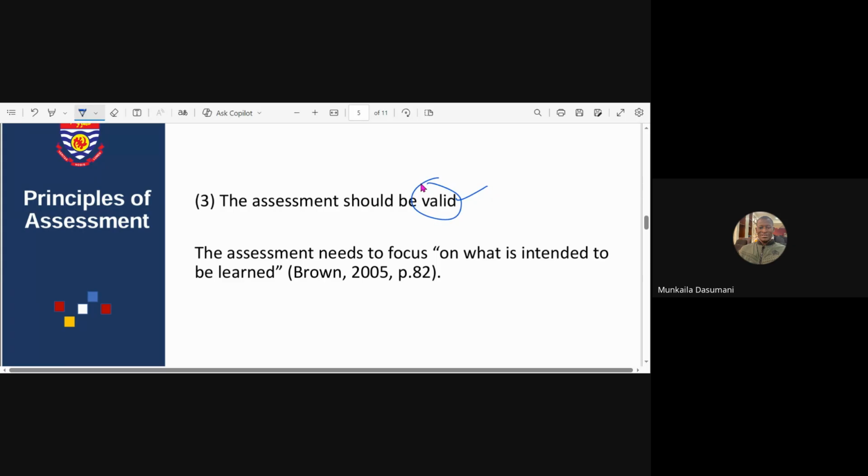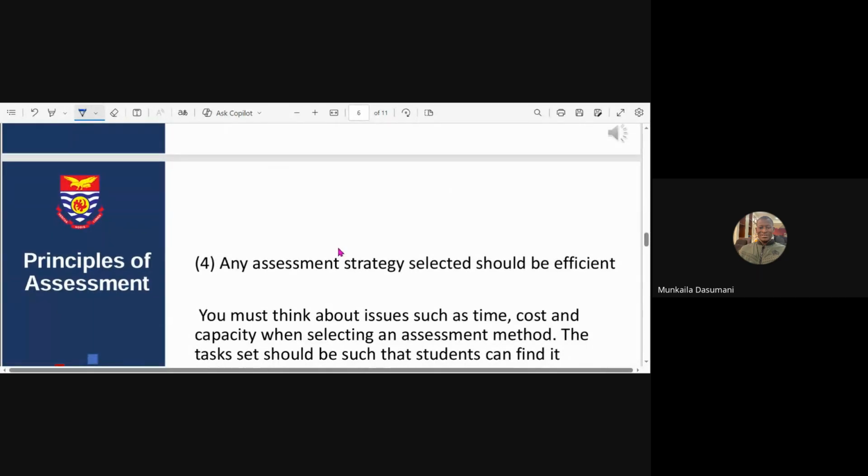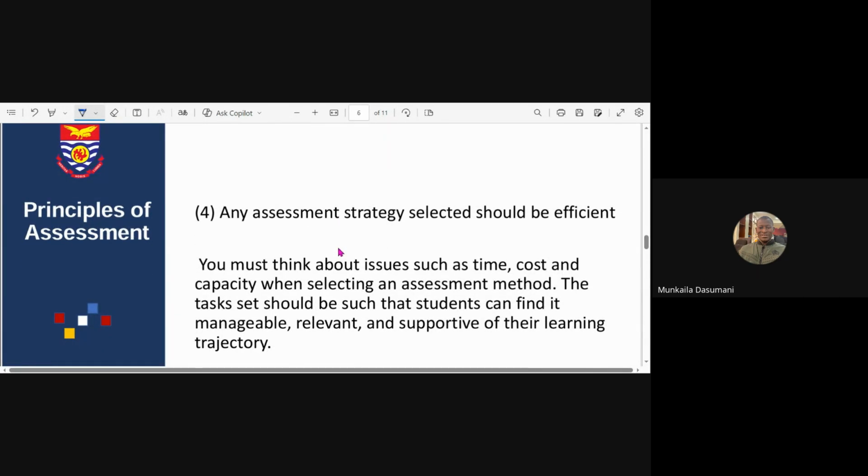Thank you, Abdallah. Then the next person, please, you should all prepare to talk. Now, the assessment strategy selected should be efficient. Assessment should be efficient. Yes. Any hand up? Or as I mention names, why should we say assessment should be efficient? You still have not talked.